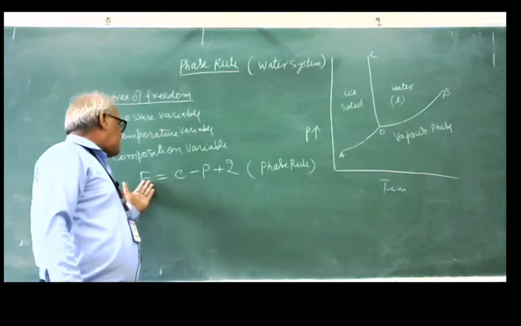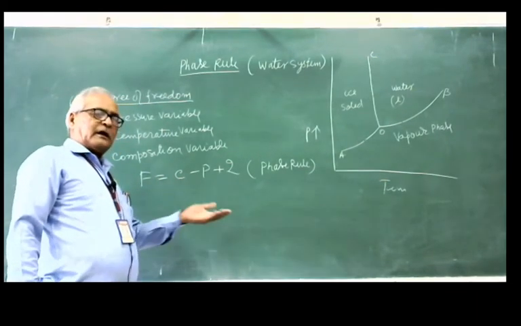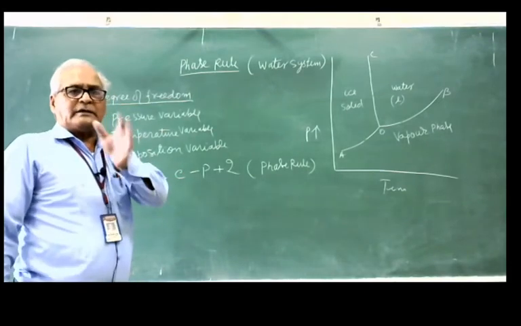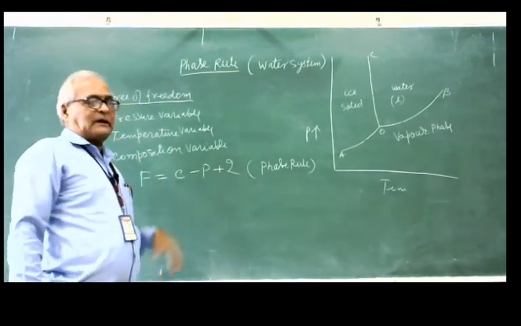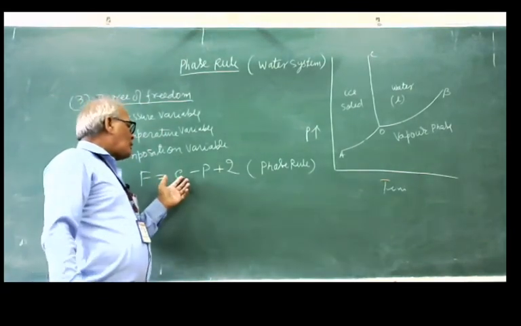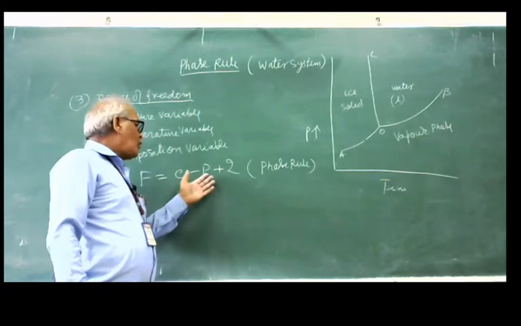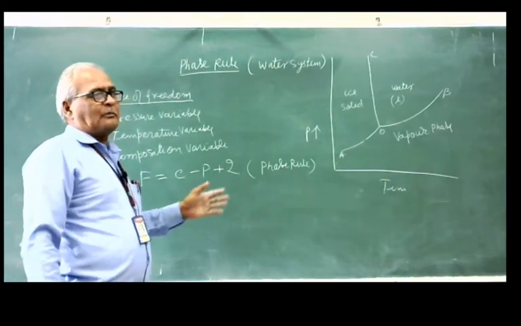Phase rule is a simple relation between degree of freedom, component and phase. So if I know the component and I know the phase, we can calculate the degree of freedom.